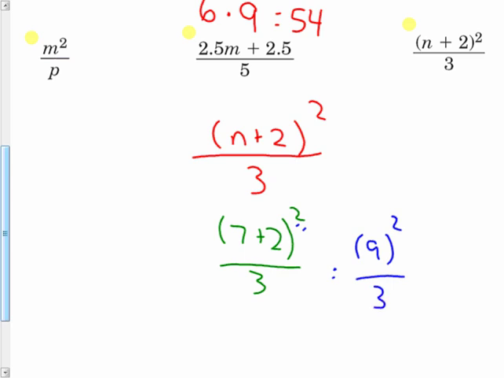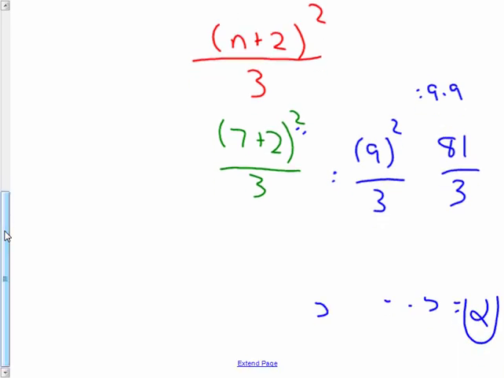And I know 9 squared means 9 times 9, which is 81. So I have 81 divided by 3. That one's maybe a little bit big to do in my head, so I'm going to actually write that one out here. 81 divided by 3.